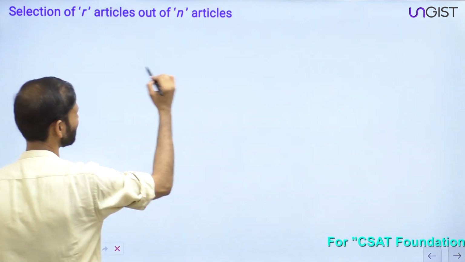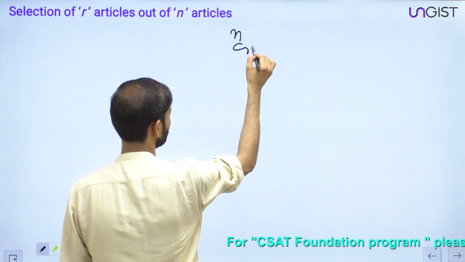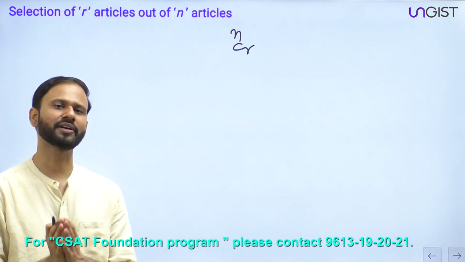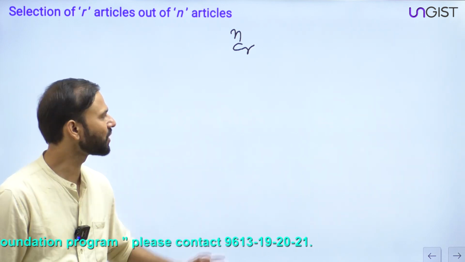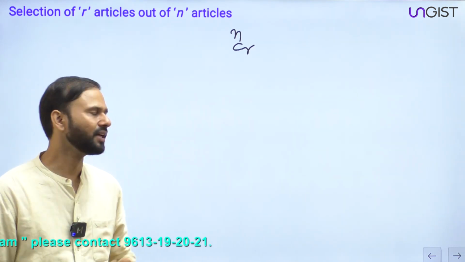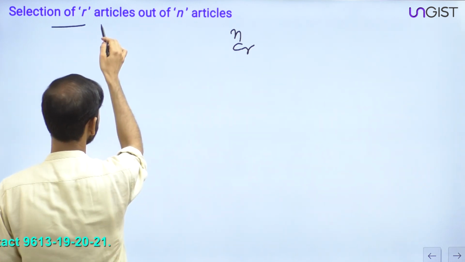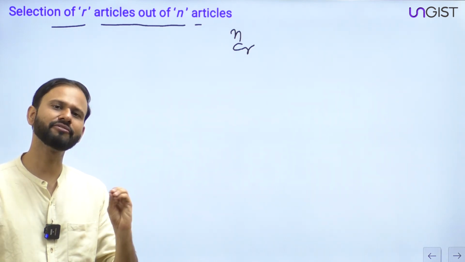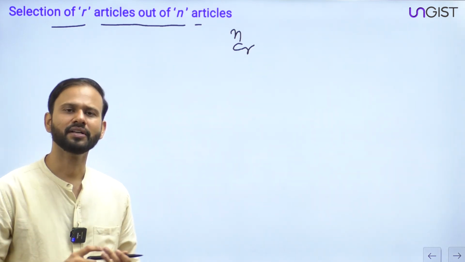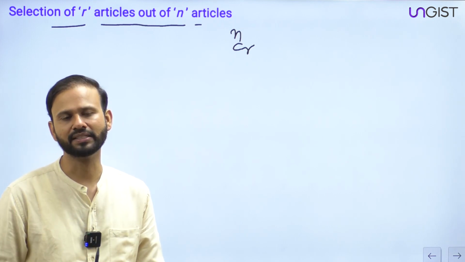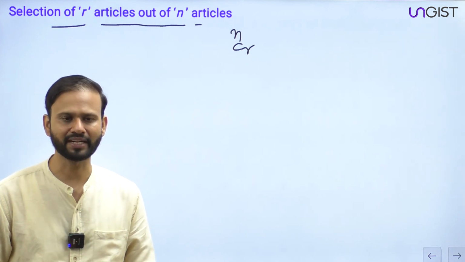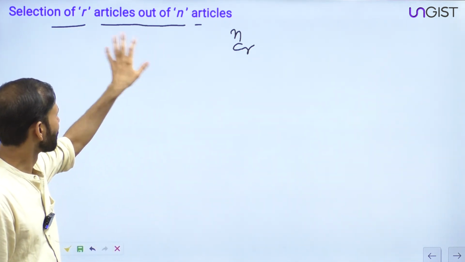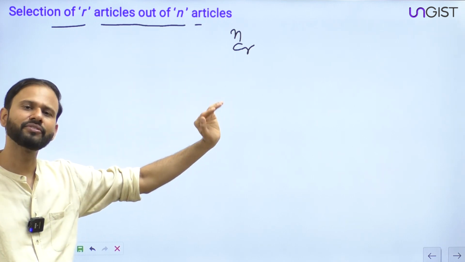You might have heard this term nCr with respect to permutation and combination. nCr means the number of ways of selecting r articles out of n articles. I repeat, nCr means number of ways of selecting r articles out of n articles.